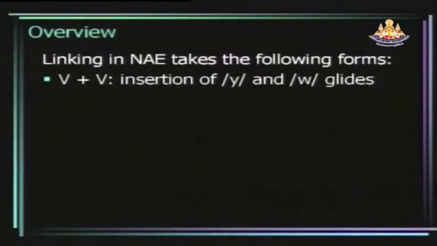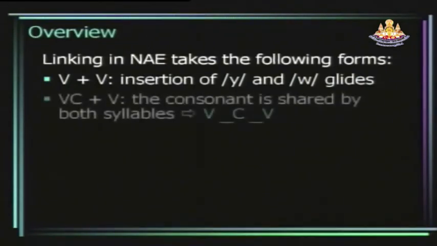Rule number two says if we have a word that ends in VC, a vowel plus a consonant, and the next word begins with a vowel sound, the consonant gets shared by both syllables. So we really use the consonant at the end of the first word to link with the next word.